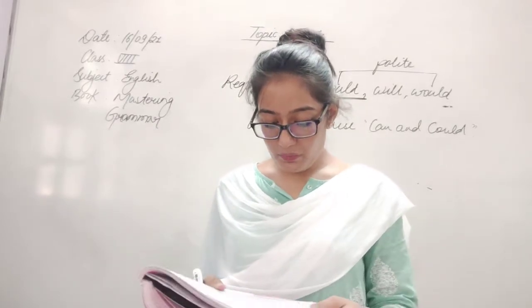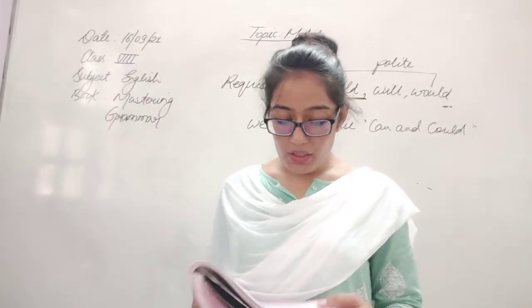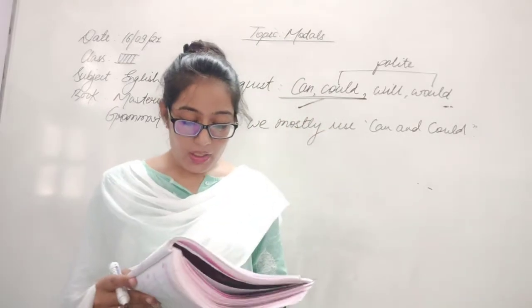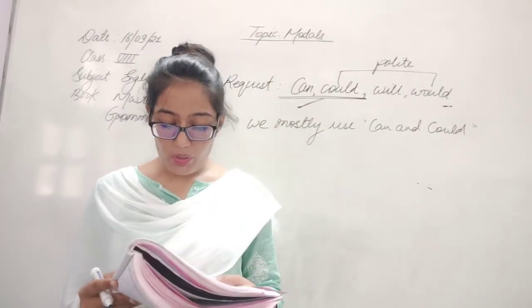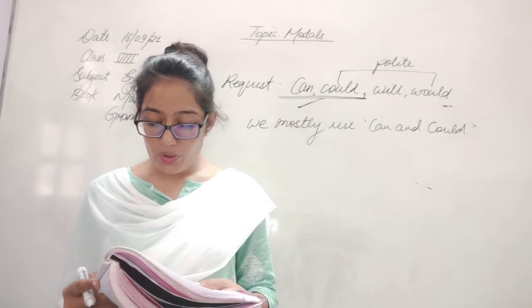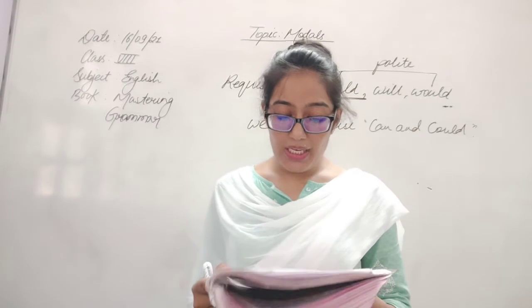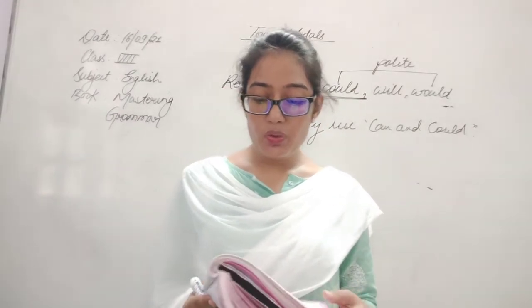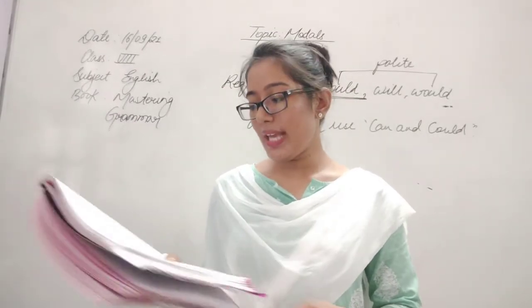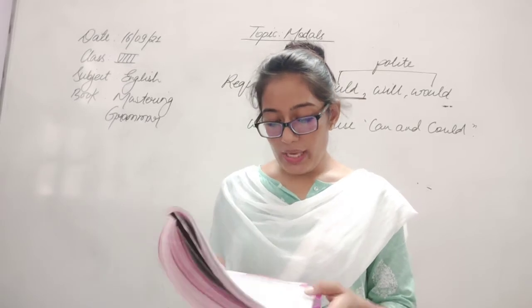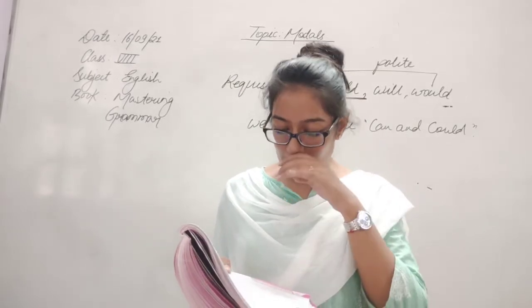Now, example exercises. Imagine the situation you describe below and use can, could, will, would to make a request in each case. So your neighbor is playing very loud music and you are preparing for your science test. You have to make a request.